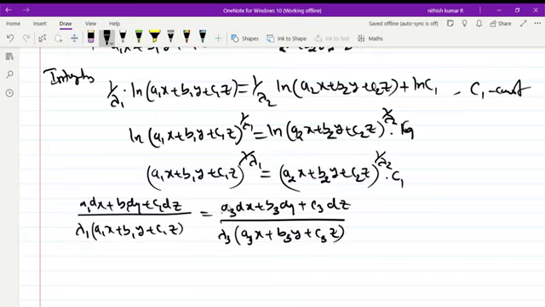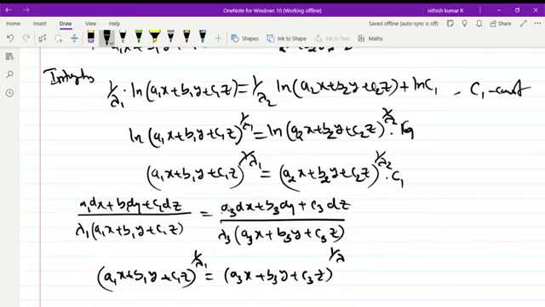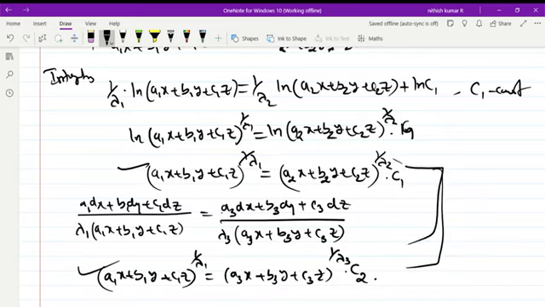Solving this, you will get a similar equation, that is a1x plus b1y plus c1z to the power 1 by lambda 1 is nothing but a3x plus b3y plus c3z to the power 1 by lambda 3 into c2, a new constant. So the integral curves of the differential equation 1 are got by the intersection of these two one-parameter families of curves.